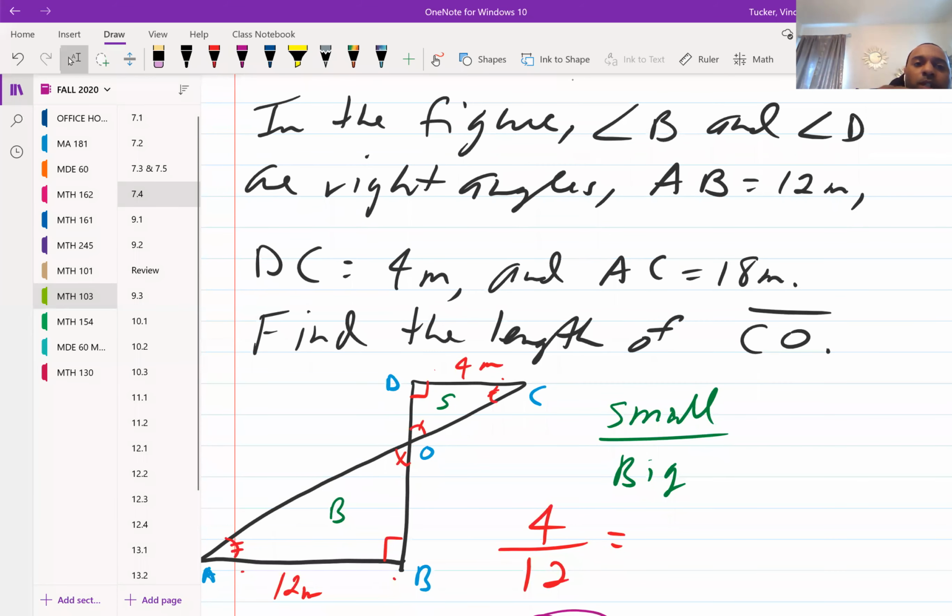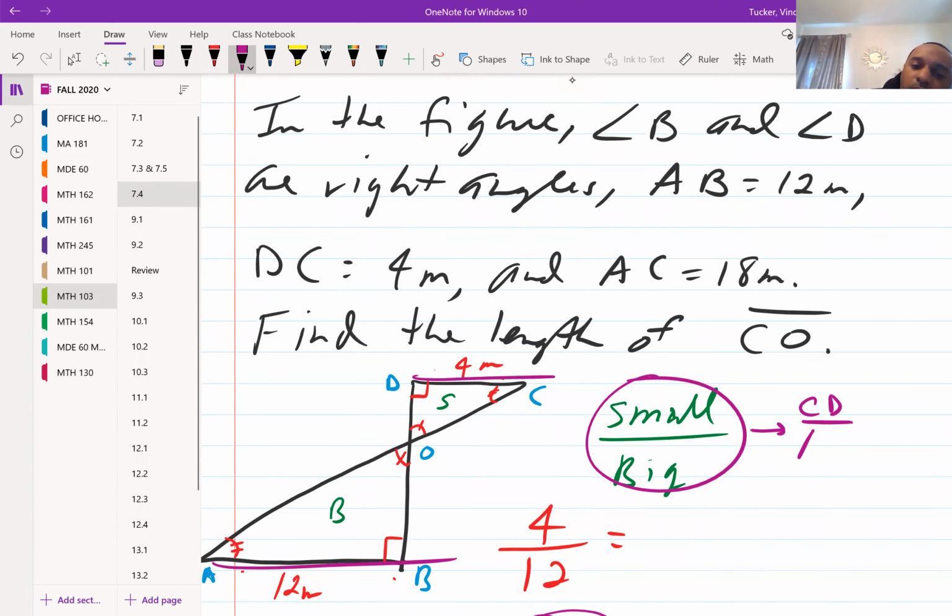All right, so once again, I'm going to set up my proportion. Big over small, small over big. So small triangle over big triangle. Side CD and AB correspond to each other.